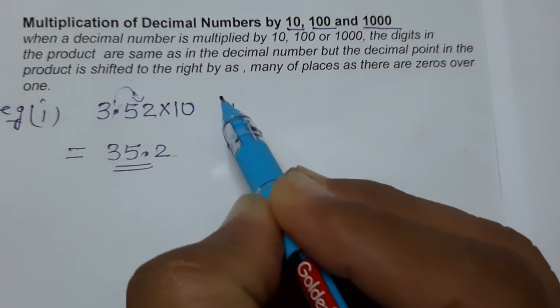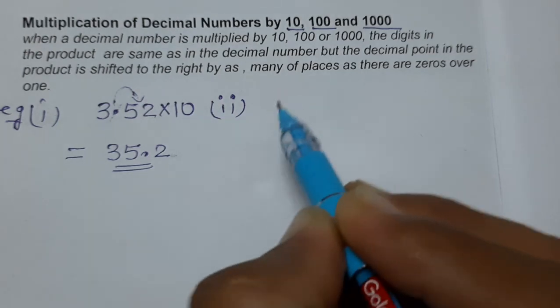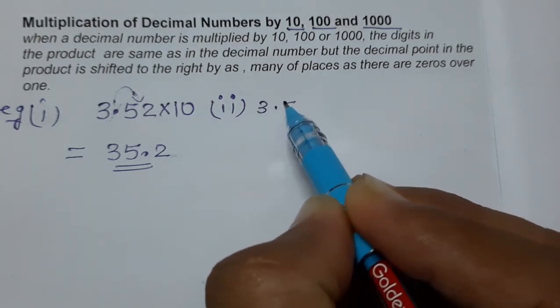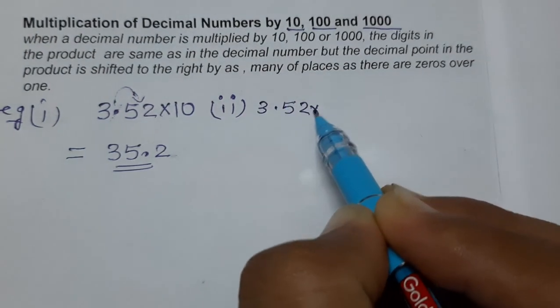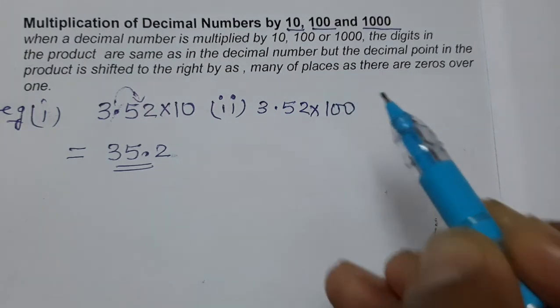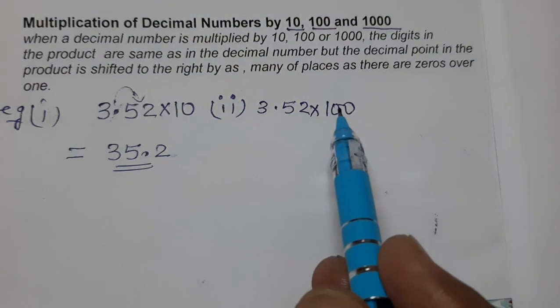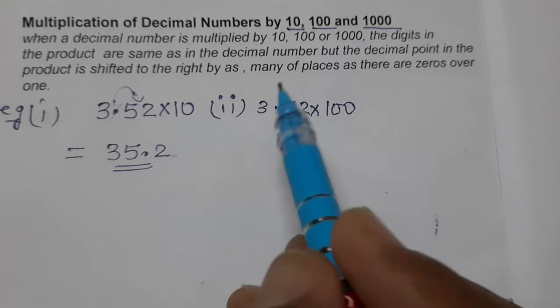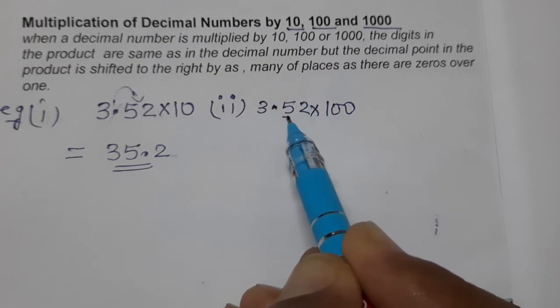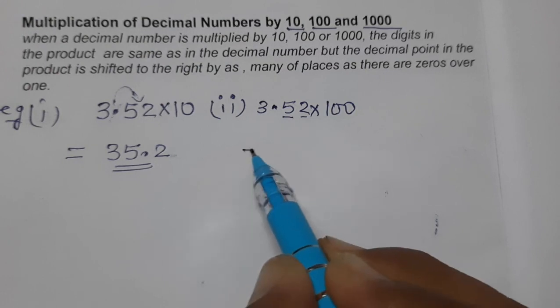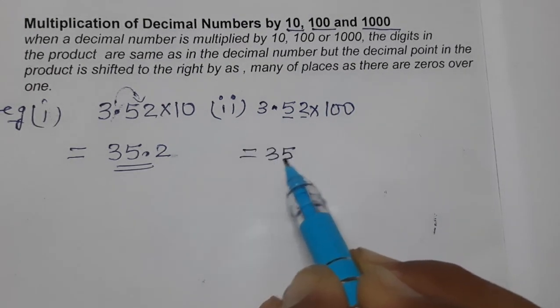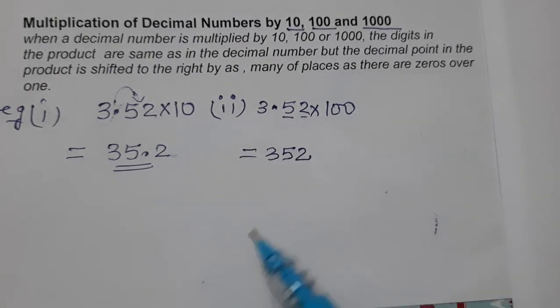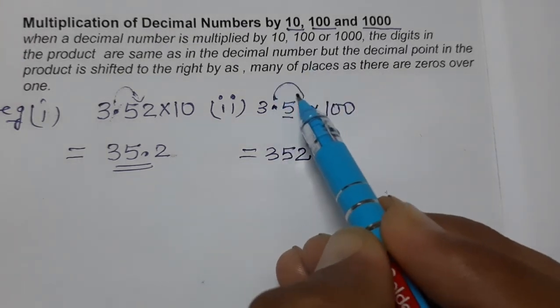Secondly, whenever you are multiplying by 100, I am taking one by one, 10, then 100, then 1000. So let's multiply by 100. Whenever you are multiplying by 100, the decimal will shift two places right. 1, 2. So what will be the answer, children? 352. The decimal shifts two places right here.